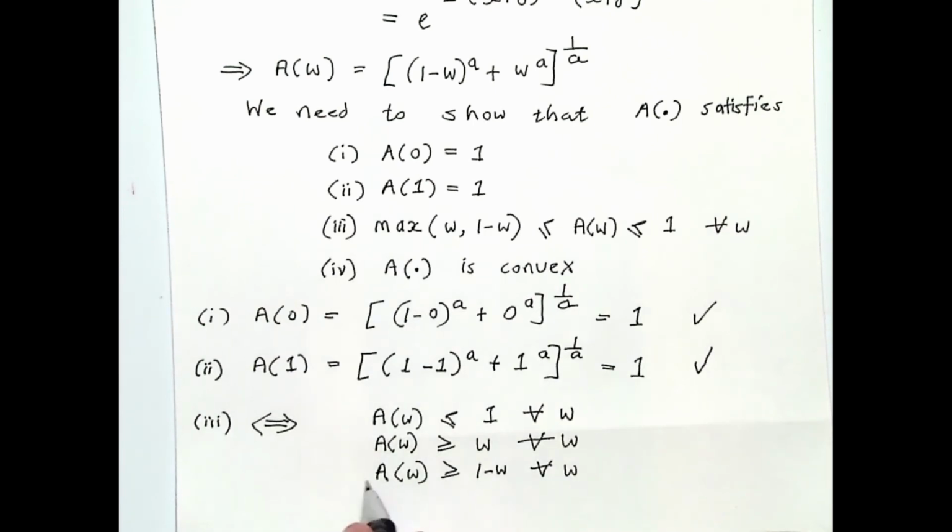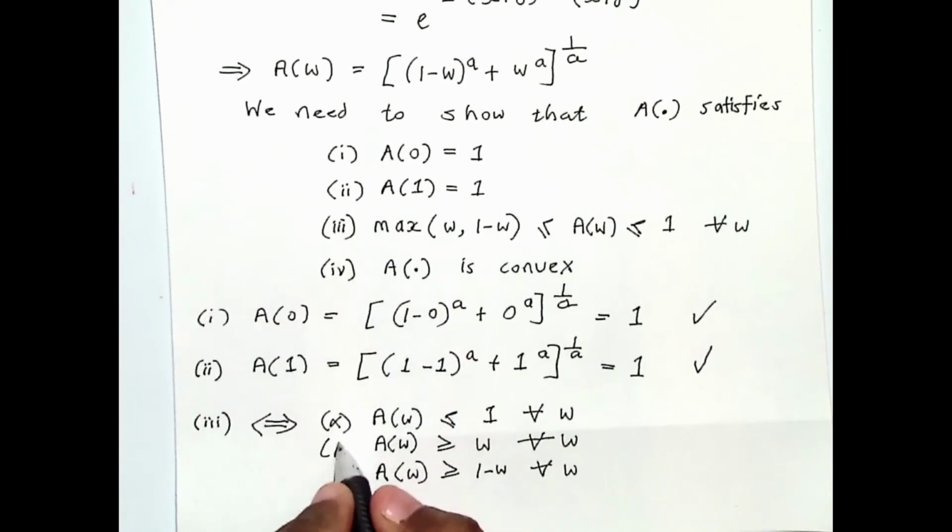All right, so we need to show each of these. So let me call this, say, alpha, beta, and gamma. Okay, so I will show each of the conditions alpha, beta, and gamma.